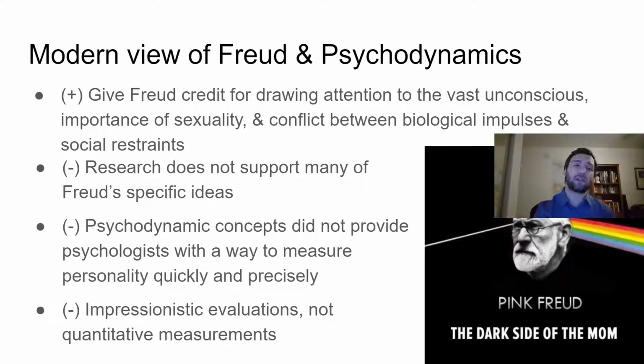He drew a lot of attention to the importance of sexuality, as well as the conflict that we have between our biological impulses and our social restraints, right? There are things that we might want to do that we don't because of society, right? So there's this conflict between those two sides of us. So Freud's given credit for kind of doing all those things, or at least drawing attention to it.